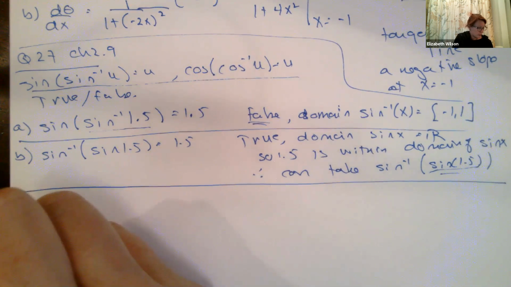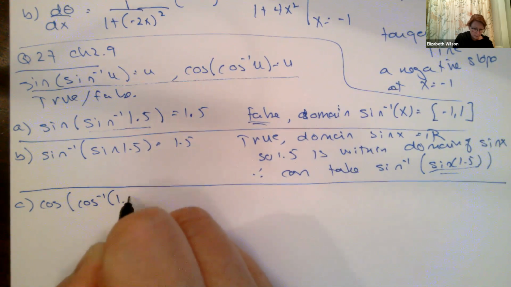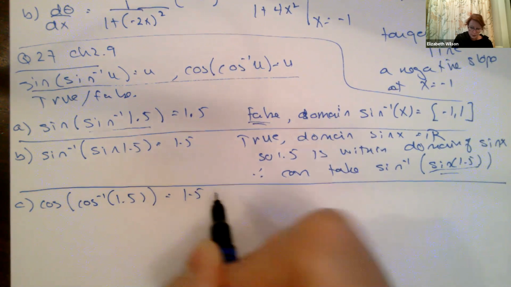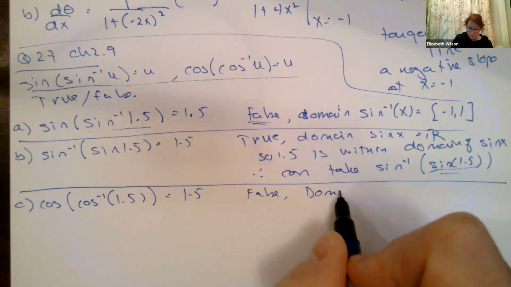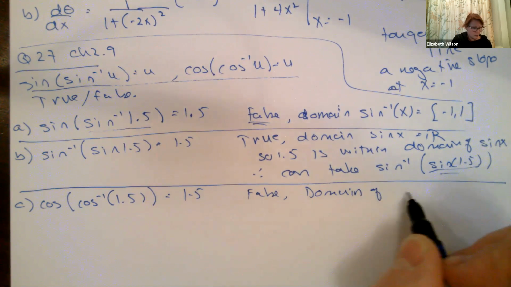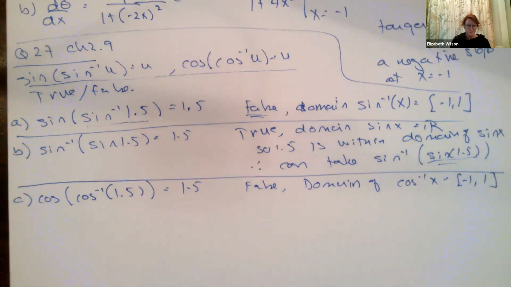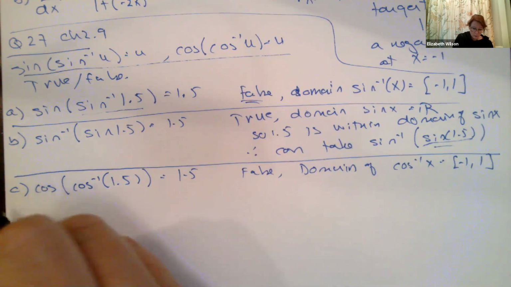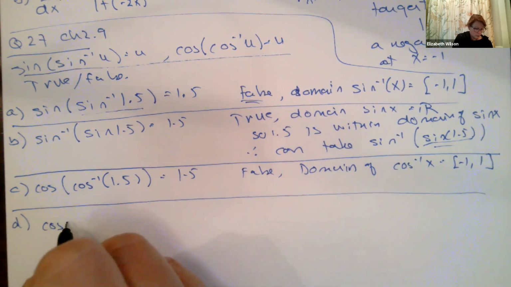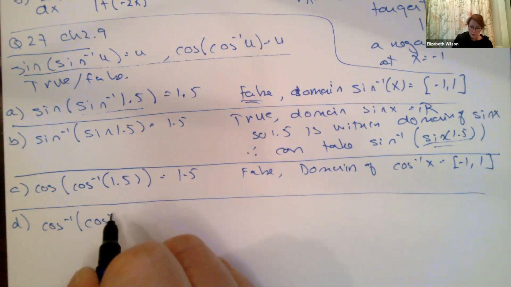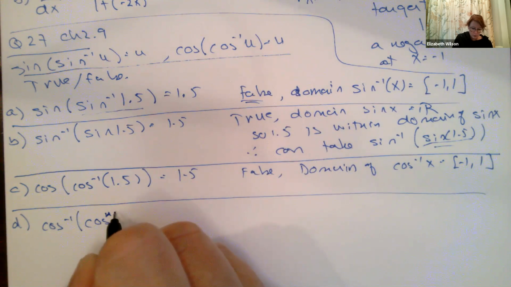Okay. Cosine of the inverse cosine 1.5 equal to 1.5. Okay, this one is false because, again, the domain of inverse cosine of x is equal to -1 to 1. And D says cosine, no inverse there, cosine of 1.5.